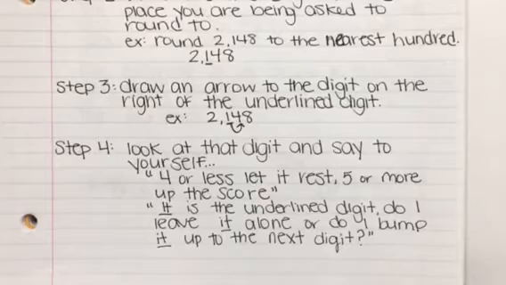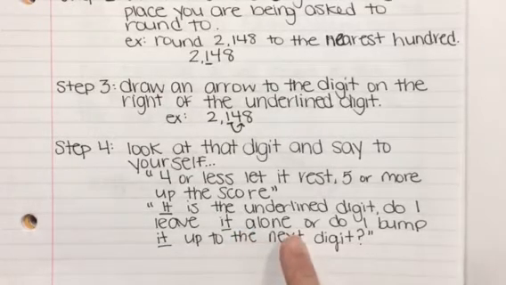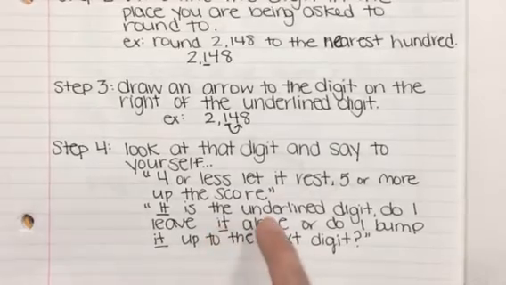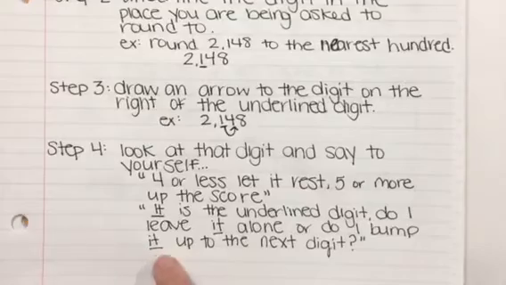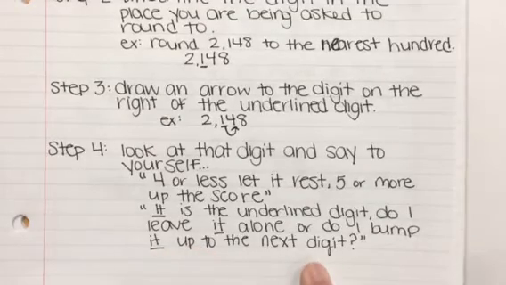All right, step 4, look at that digit and say to yourself, 4 or less, let it rest. 5 or more, up the score. Now, it is the underlined digit. Do I leave it alone? Meaning, do I let it rest? Or do I bump it, that underlined digit, up to the next digit?